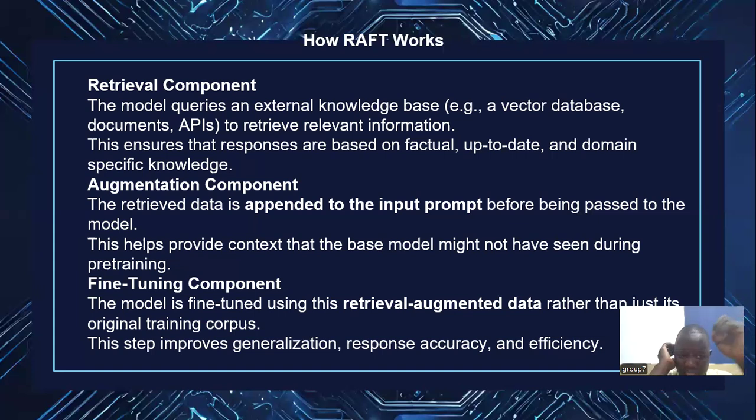This step improves accuracy, because now the information will have already been adjusted. It improves accuracy, efficiency, and generalization, making the AI smarter than before by giving you up-to-date information.